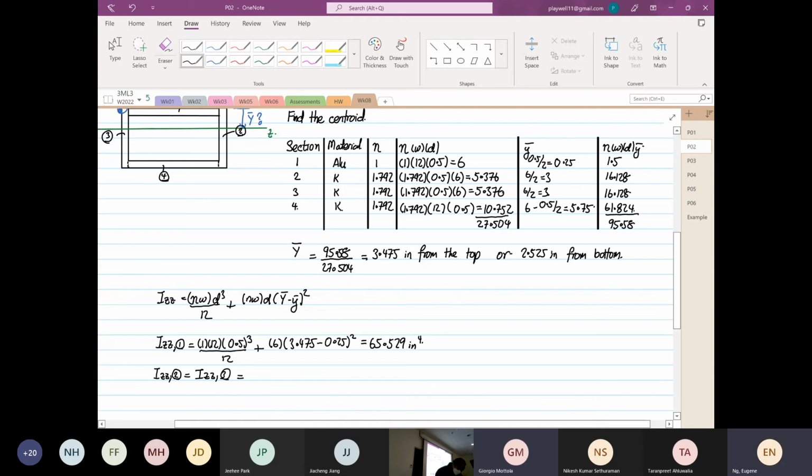So this is equal to 1.792 multiplied by 0.5 times 6 cubed over 12 plus 5.376 times (3.475 minus 3) squared.